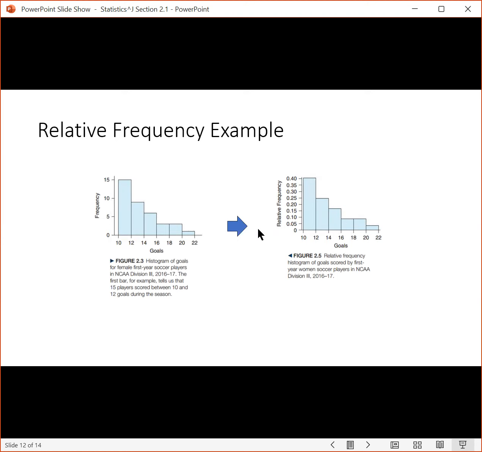In this case, if you take 15 observations and divide by how many observations there are, you get 0.4. So 40%, or 0.4 proportion, of the total observations is in the first bar. The second bar looks like about 25%, or 0.25 proportion, and so on. So that's a relative frequency histogram.